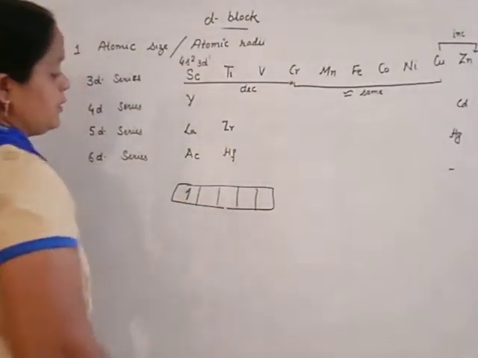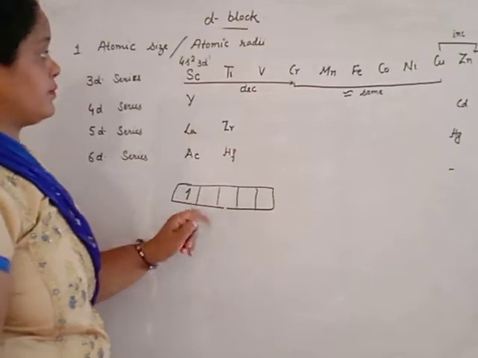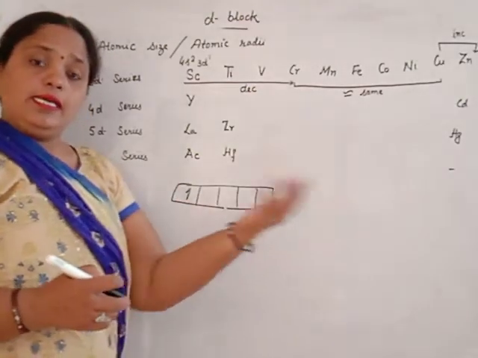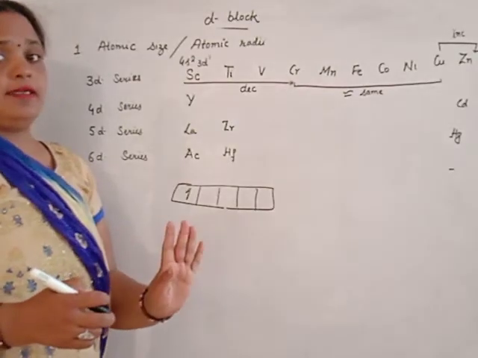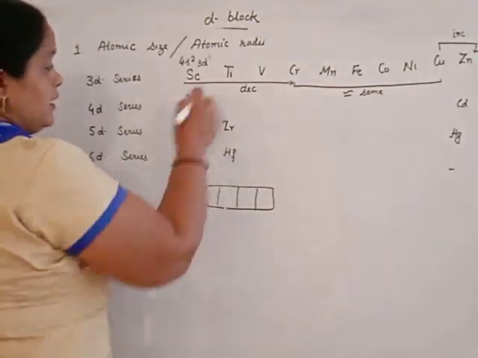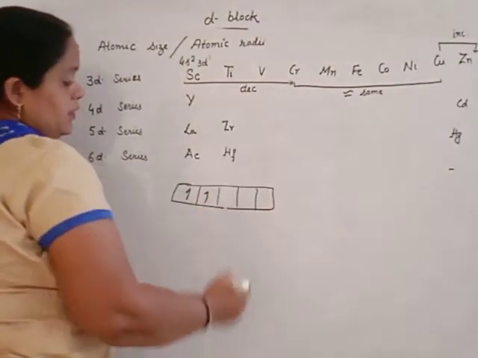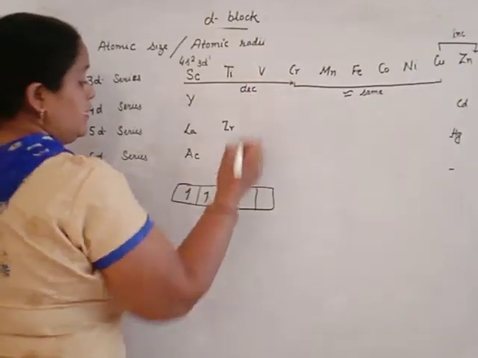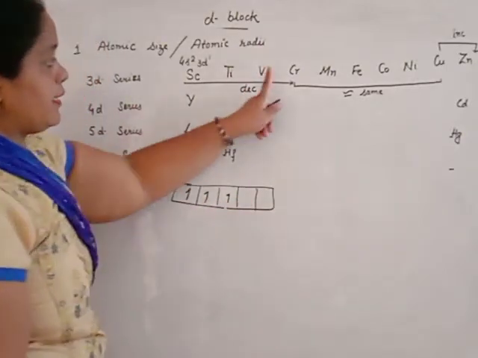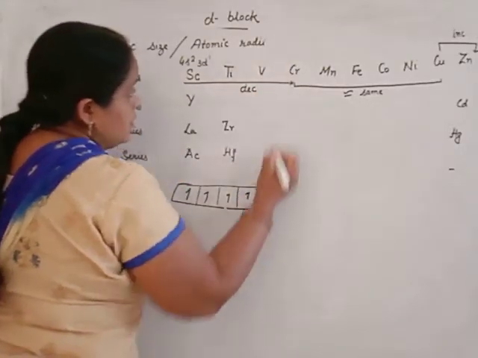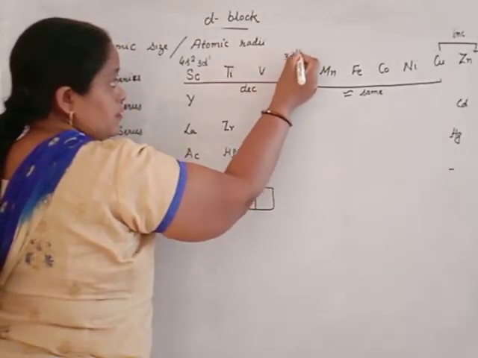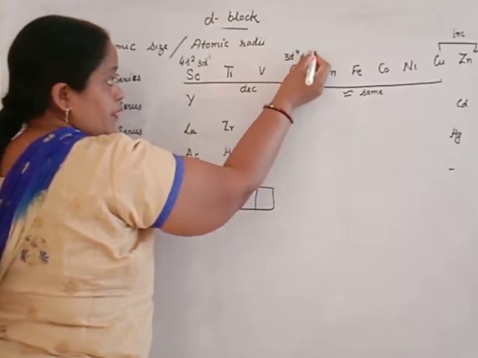That means the d orbital has one electron. Only the electron will increase, nuclear charge increases, and size decreases. In case of titanium 3d2, vanadium 3d3, or chromium 3d5, 4s1.